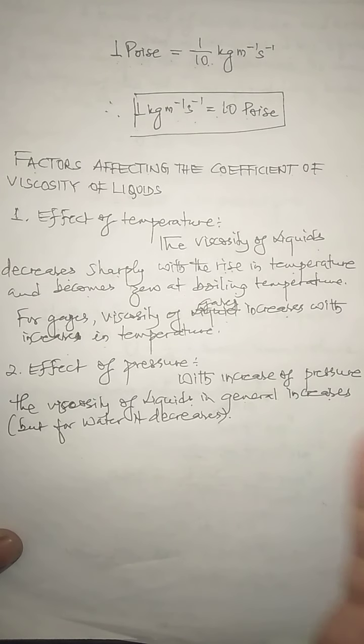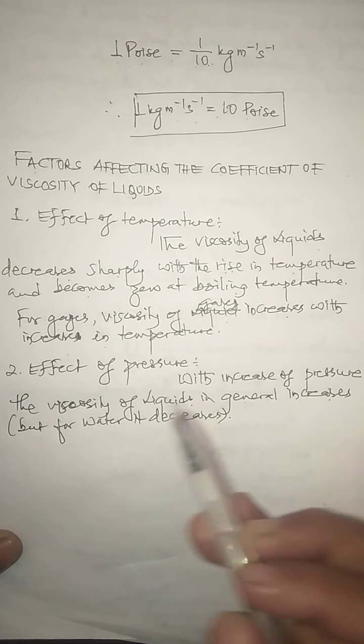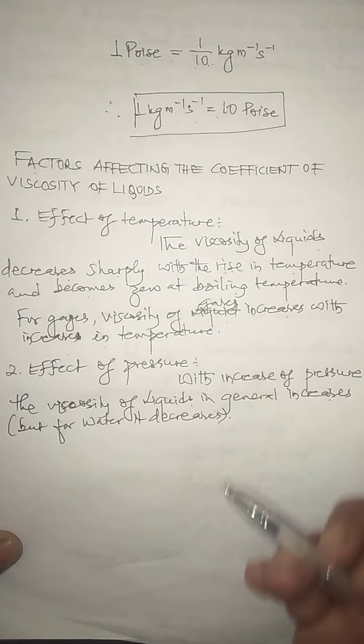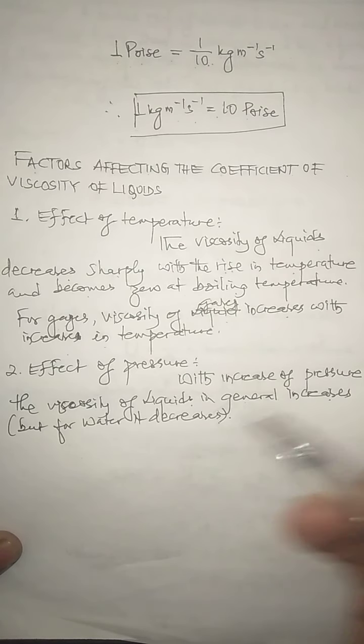In case of water, when the pressure increases, viscosity decreases, because water shows a different behavior, that is called anomalous expansion of water, as compared to other liquids. That's why in case of viscosity also, when the pressure increases, viscosity of water decreases. But other than water, all liquid viscosity increases with the increase in pressure. So this is the effect of pressure.